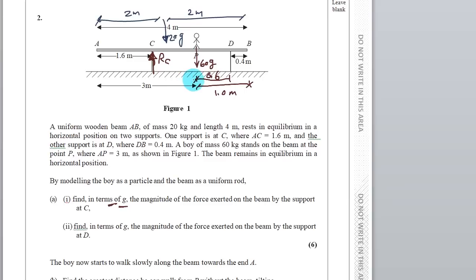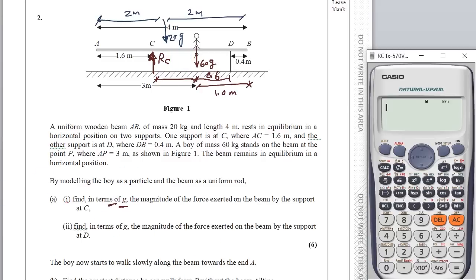This is 0.6 and this one will be 4. So let us find this distance. 4 minus from here to here is 1, minus 1.6. So the remaining will be 1.4. So this dimension is 1.4.